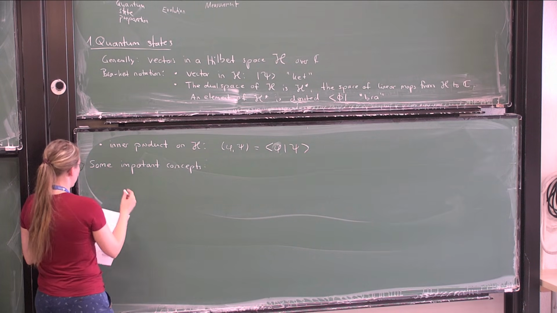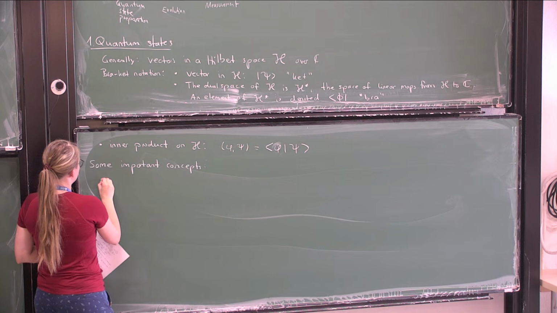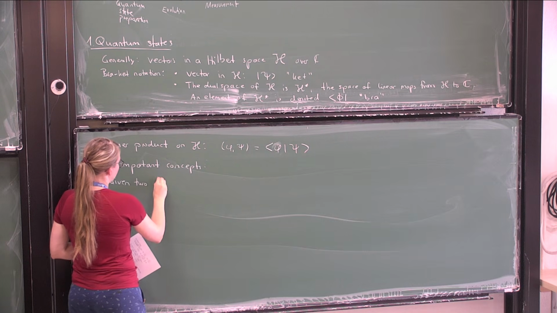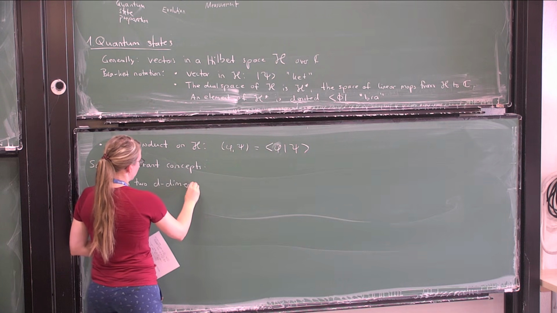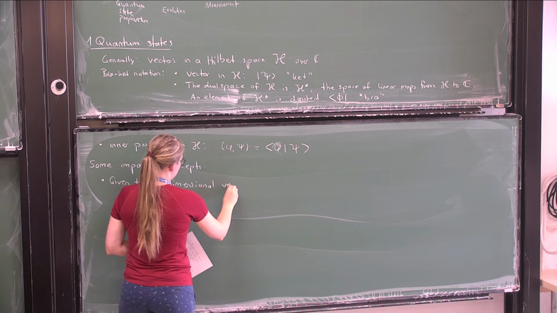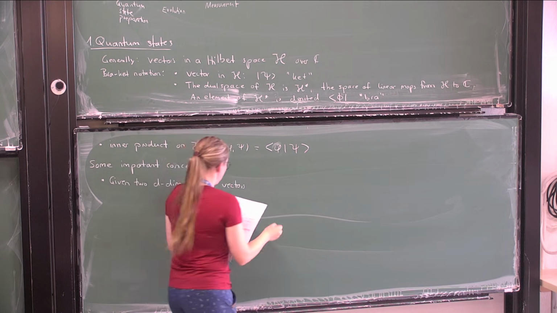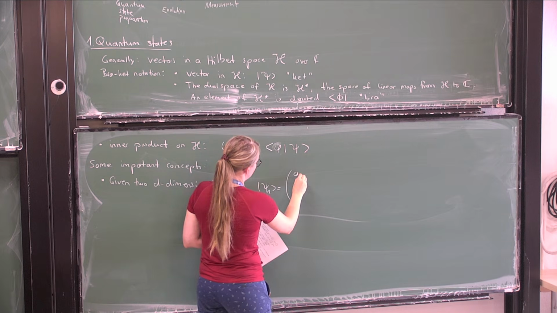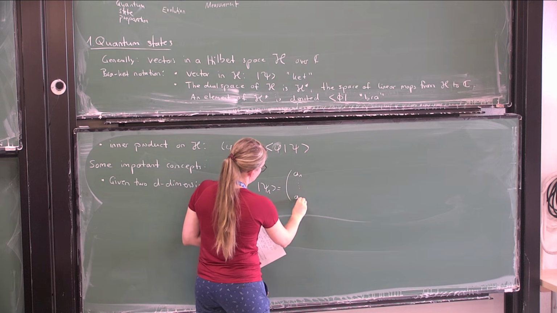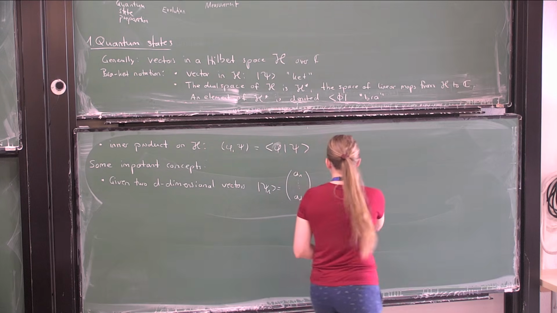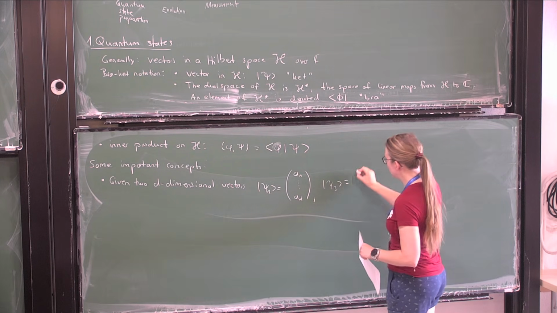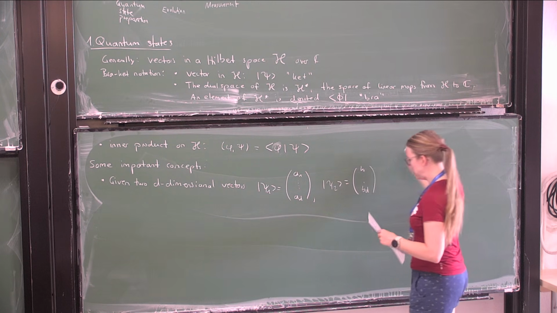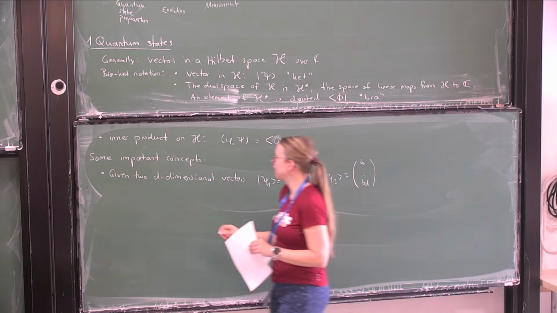Okay. So if I have two d-dimensional vectors, psi 1 with entries a1 to ad, and psi 2 with entries b1 to bd.